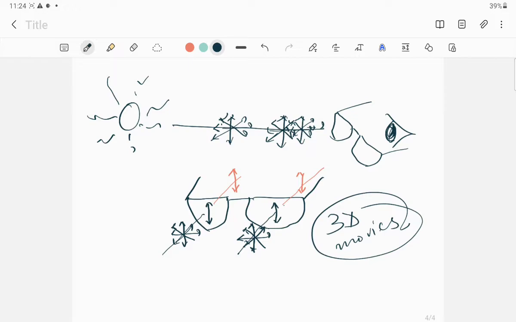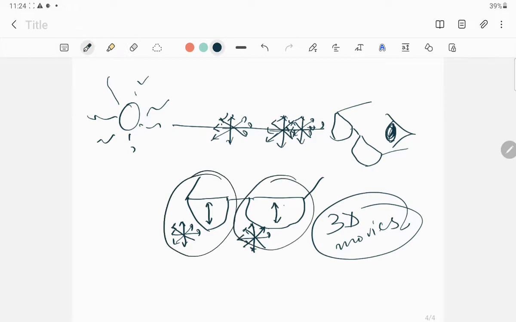So obviously, let me show you. If both your lenses are providing the same orientation, you are going to see the image in only one orientation. You can see only one axis or one kind of image, so you are not going to have a 3D experience.